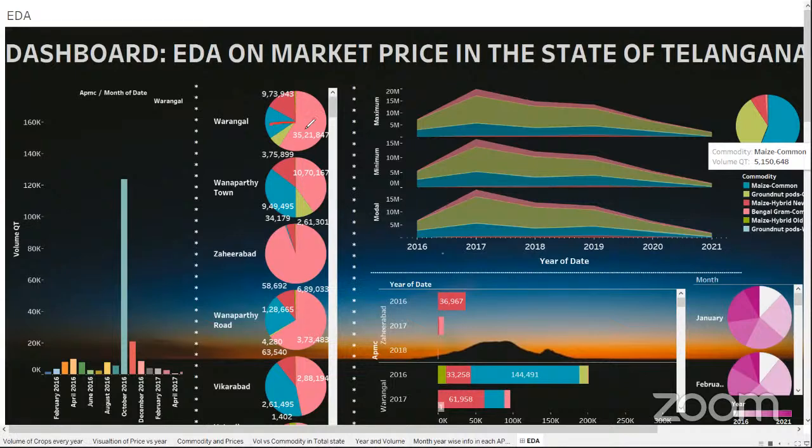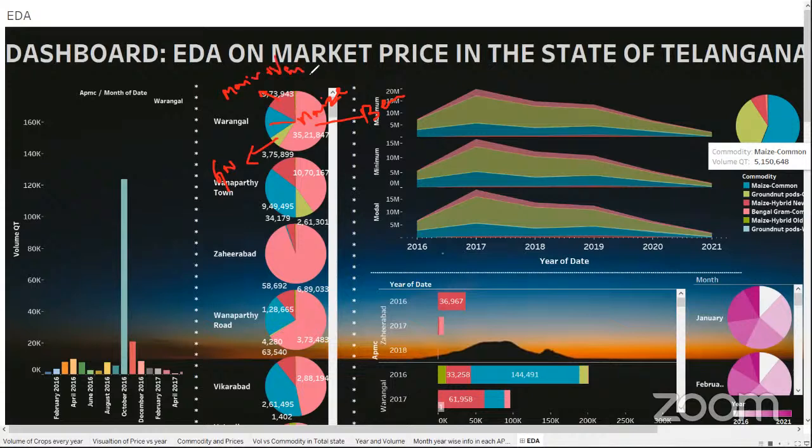The yellow color one that you are looking at is nothing but groundnuts that we were focusing on. The pink color one is nothing but Bengal gram that we were looking into. The little darker pink color one that we have over here is nothing but maize hybrid, new hybrid maize.